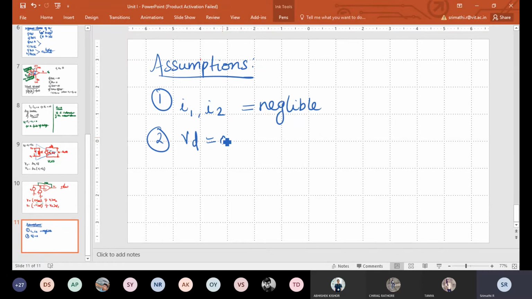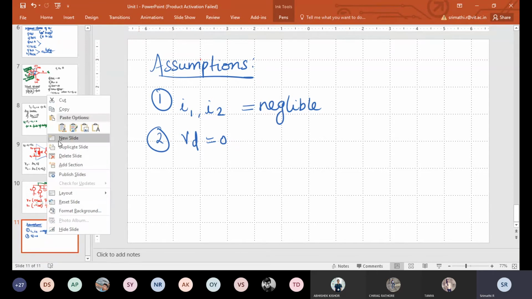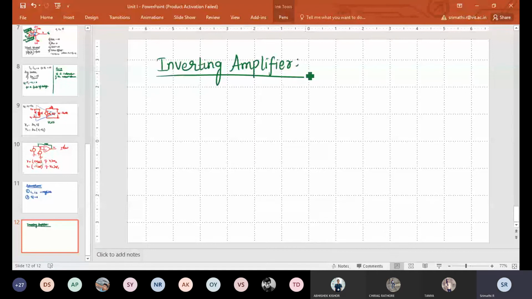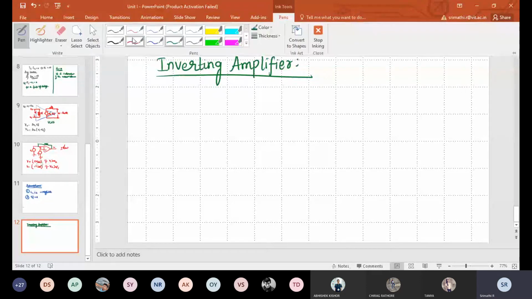So the first thing, let us read about an inverting amplifier. Let me draw the circuit diagram of the inverting amplifier.